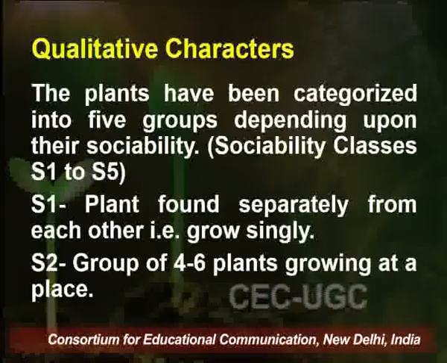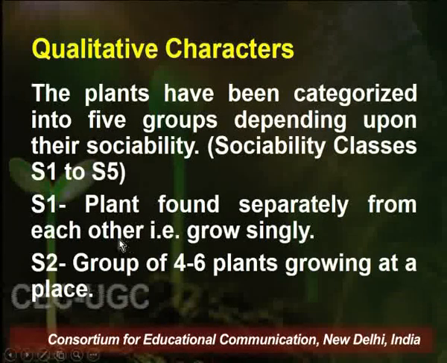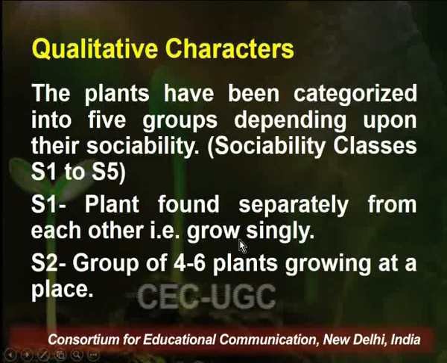Now, the plants have been characterized into 5 groups depending upon their sociability, which are known as the sociability classes, and they are designated as S1 to S5. S1 are the plants that are found separately from each other, that is, they grow singly.